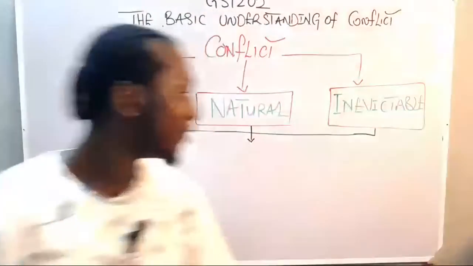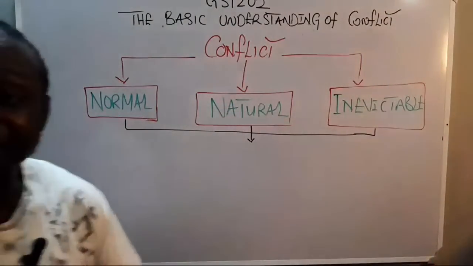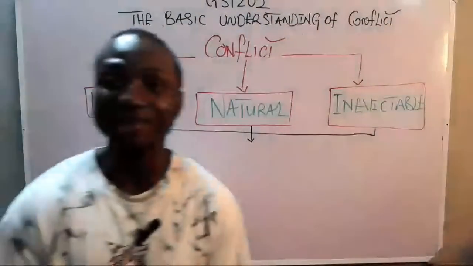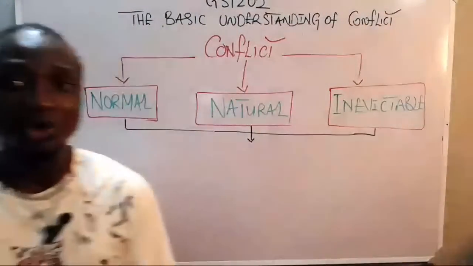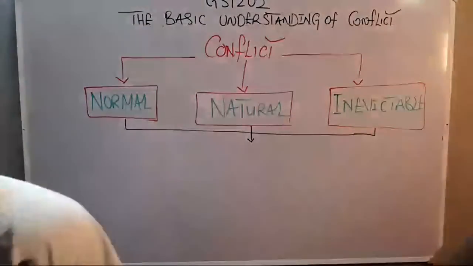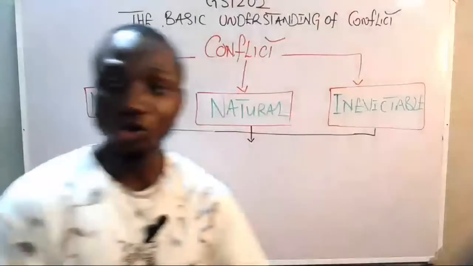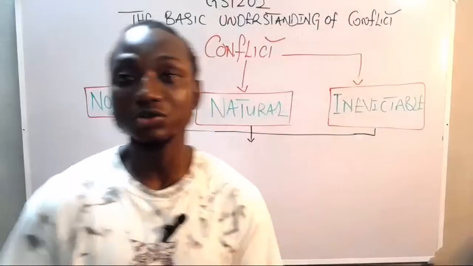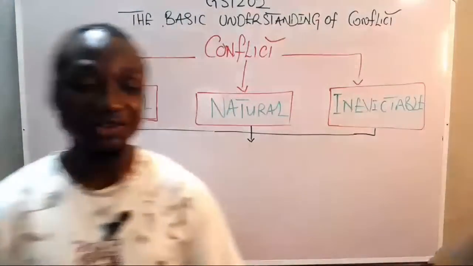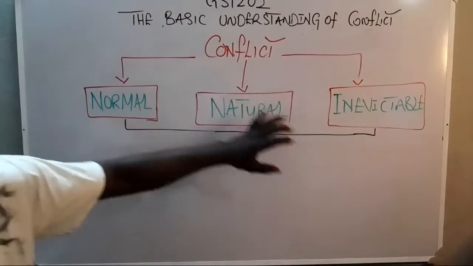Even among plants, you realize that certain plants do not survive in certain environments. That's why some plants do well close to the river bank while some don't, and some do well close to the desert while some don't. This is conflict. This is competition. This is conflict.